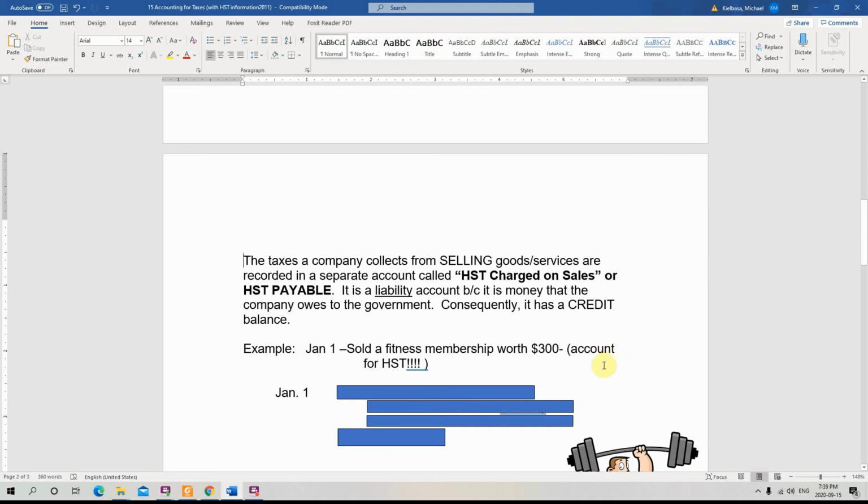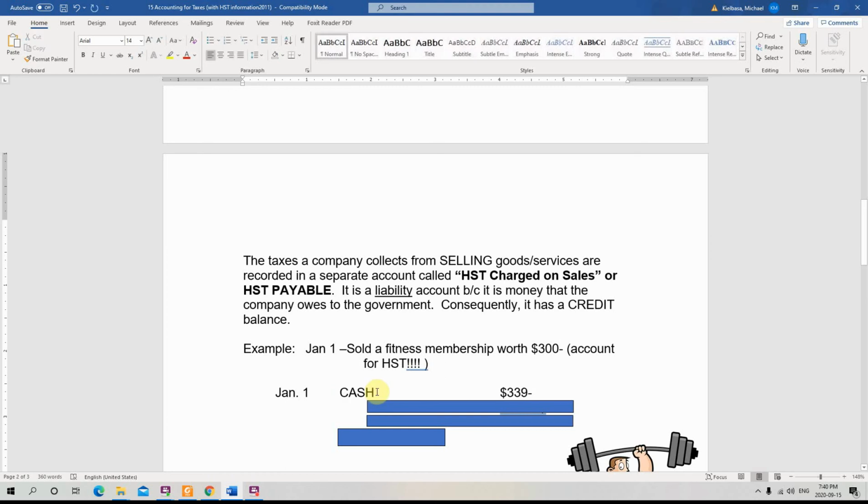So how much is the person going to pay us? They're not going to pay us $300, because they owe us $300 plus the HST, which is 13% of $300. So they're going to pay us $339.